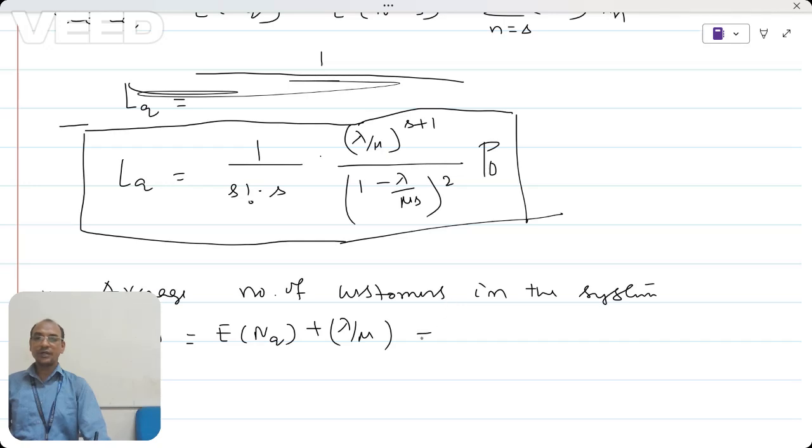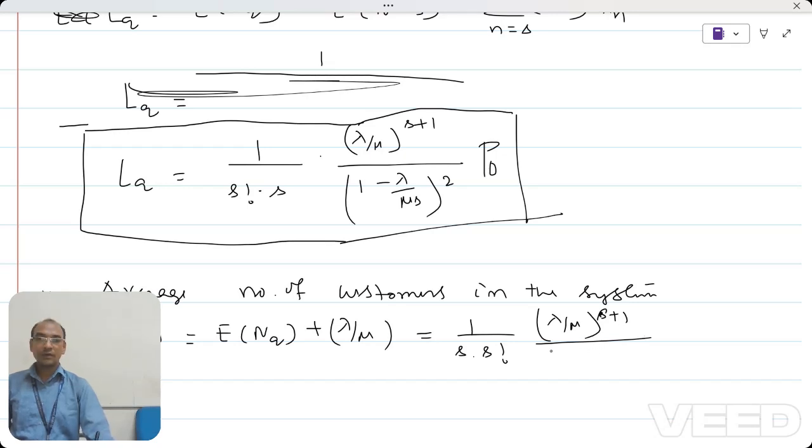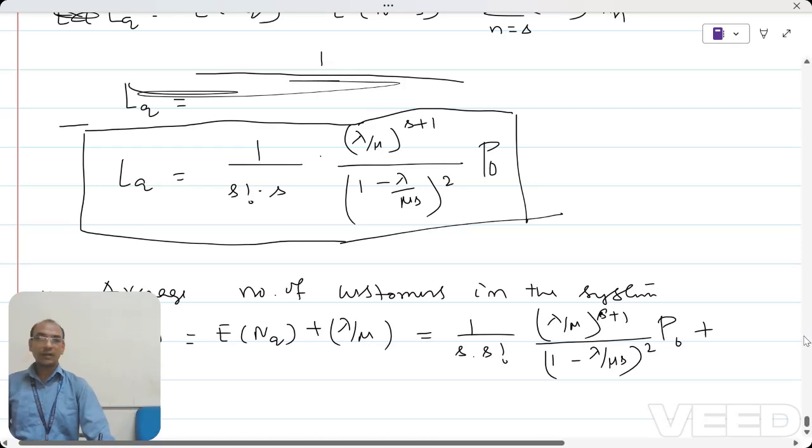So that will be nothing but 1 by s into s factorial, (lambda by mu) to the power s plus 1, divided by (1 minus lambda by mu s) whole square, into P0, plus lambda by mu. This is the average number of customers in the system for model 2, the multi-server model.